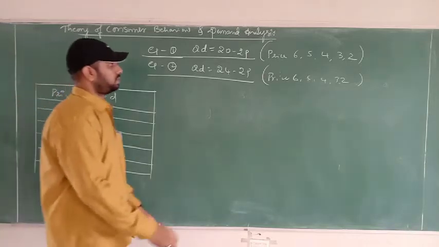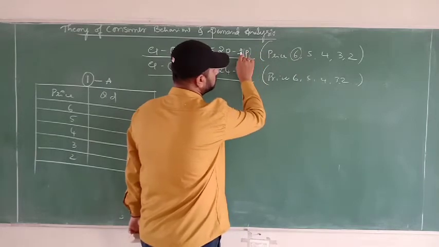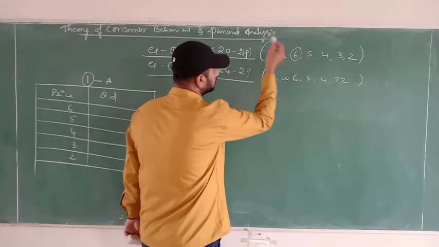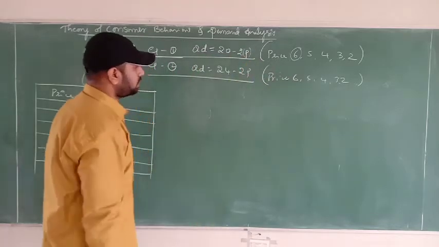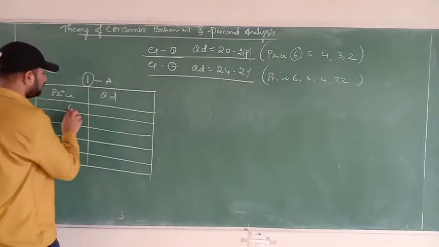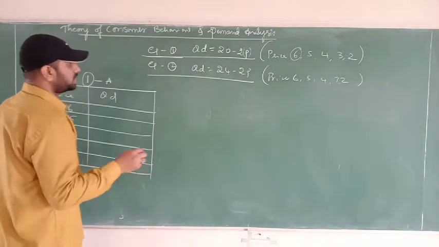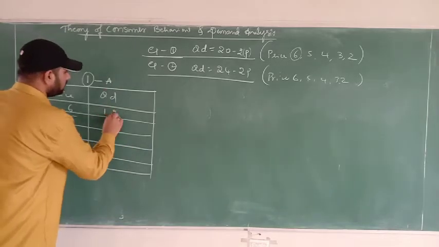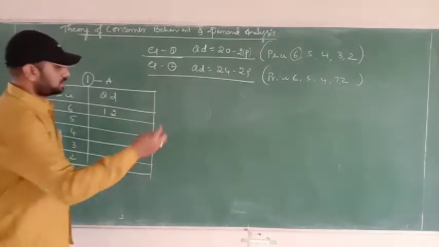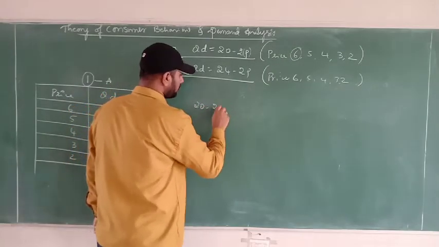For example, when rupees 6 is the price, you multiply this P. So 2 times 6 is 12, then 20 minus 12. So let's substitute like this: 20 minus 2P.